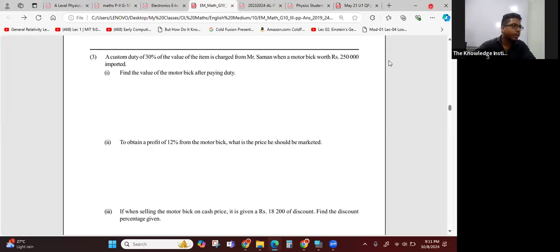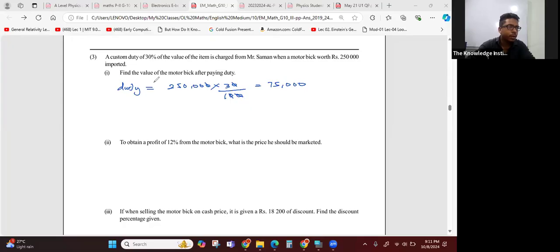So first we want to calculate the duty, right? So duty is equal to the worth, 250,000, into the duty percentage, which is 30%. So here you get 25,000 into 3, which is 75,000.